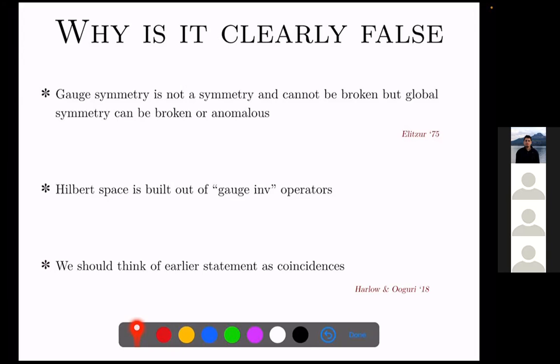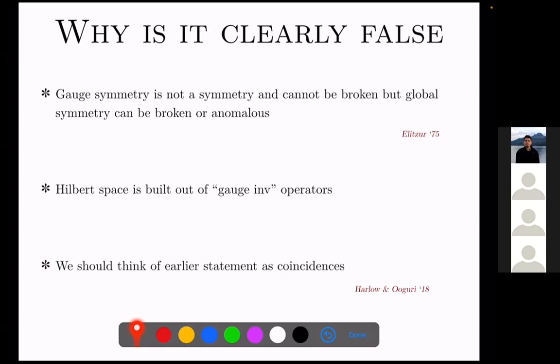And also, your global symmetry can be explicitly broken, but you cannot really break the gauge symmetry in the bulk. One particular example that people refer to is something called the Elitzur theorem.